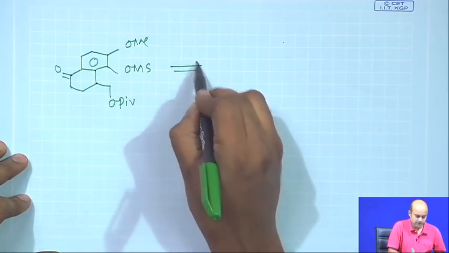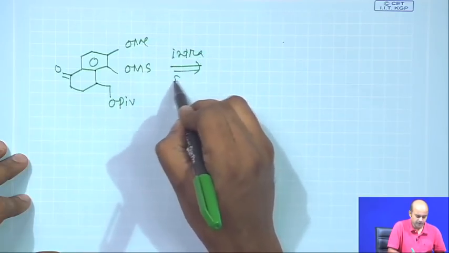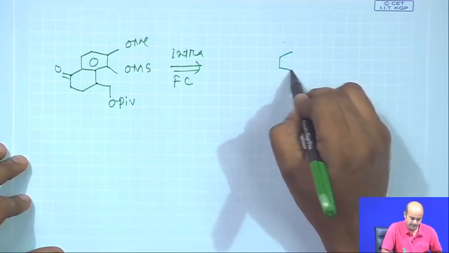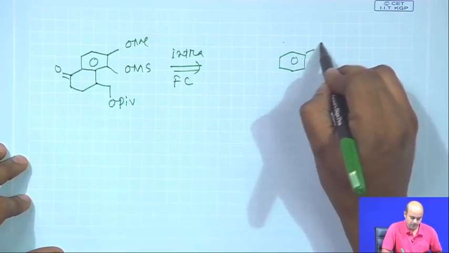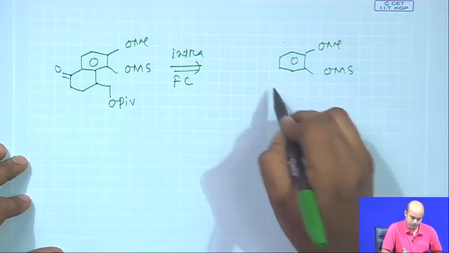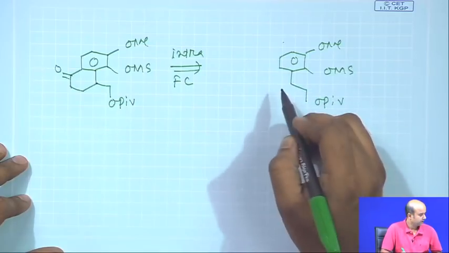The initial retro was based on an intramolecular Friedel-Crafts type of alkylation, and then we draw the intermediate which was required, keeping the remaining structure similar.